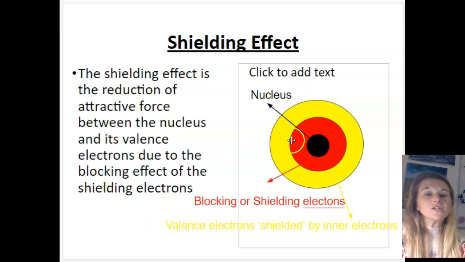Shielding is this: we have the nucleus in the center, and as we add electrons at the lowest energy level and then higher and higher energy levels, the electrons at those higher energy levels, further out from the nucleus, are blocked or shielded by the electrons that are closer to the nucleus. So here's our definition of shielding.